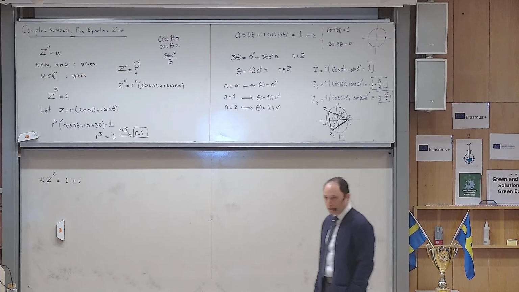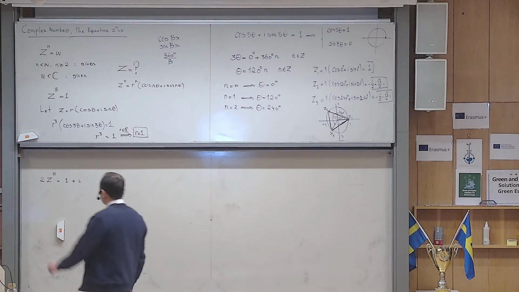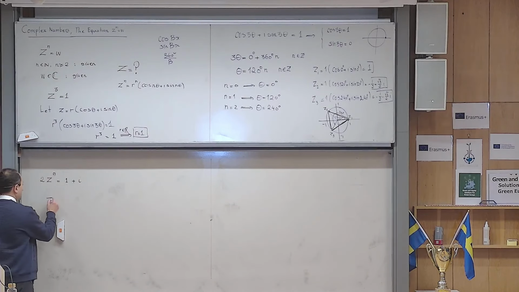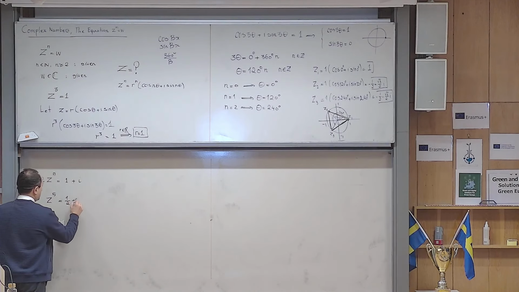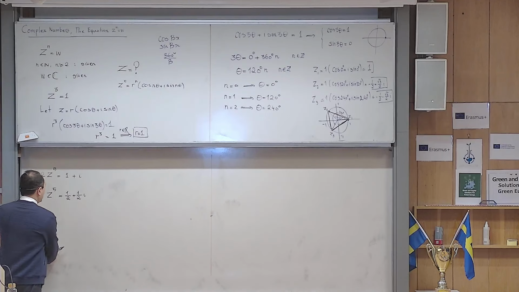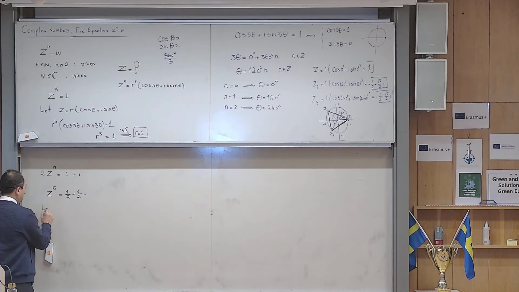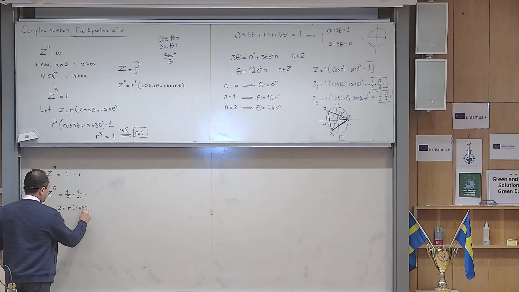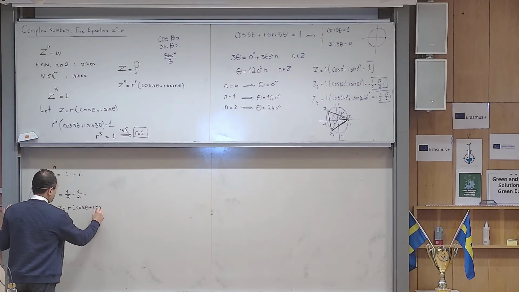5, exactly 5. But I have to get rid of this 2 first. So I divide everything by 2. It becomes 1 over 2 plus 1 over 2i. And then you start with this sentence that let z be equal to r cosine theta plus i sine theta, yes?